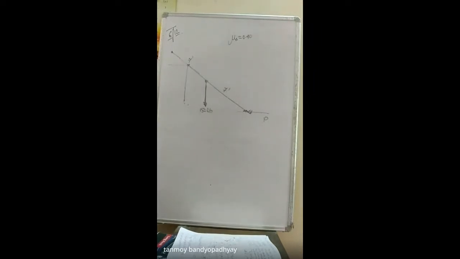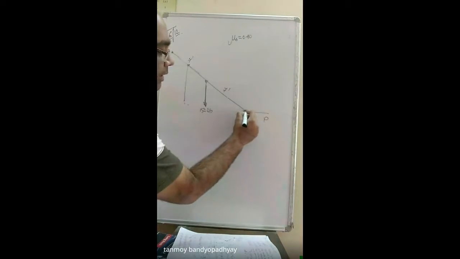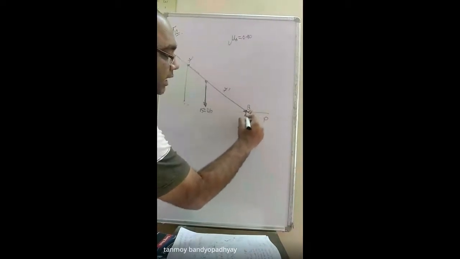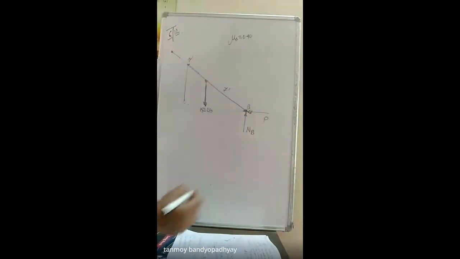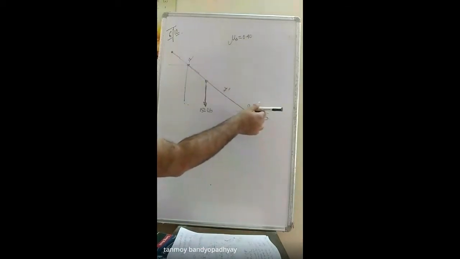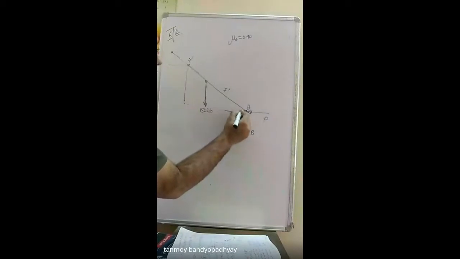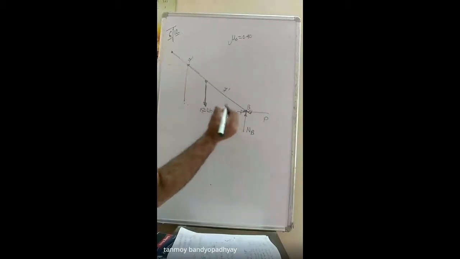At the point B, it's resting on a surface. So let NB be the vertical normal reaction at point B. The body has a tendency to move in this direction, so the frictional force should be in this direction. So this is FB.